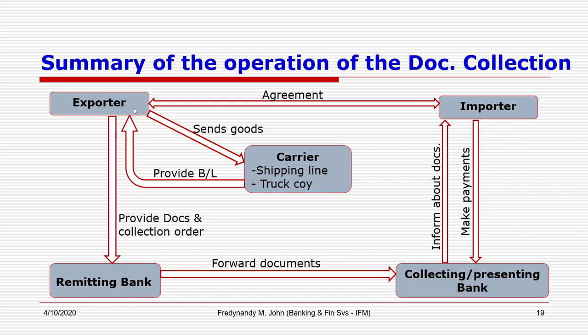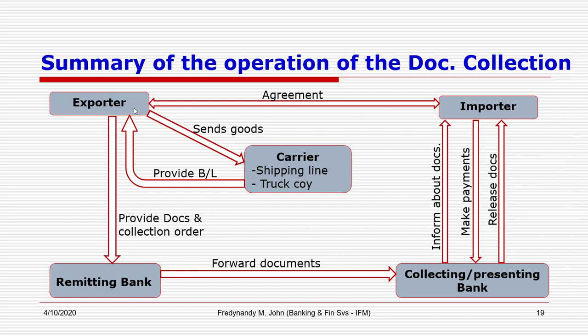If the instructions are for documents against payment, then the importer will be required to make payment. Remember, if it's documents against payment, it means the type of bill of exchange included will be the demand draft. So once the demand draft has been presented, the importer will be required to make payment as per the contract, and only then will the presenting bank release the documents.